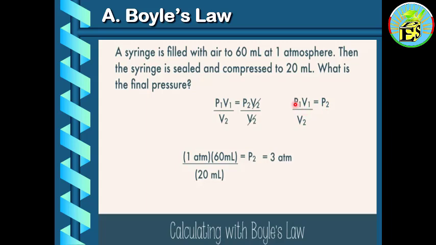I will substitute P1 equals 1 atmosphere, V1 equals 60 milliliter, and V2 equals 20 milliliter, so P2 equals 3 atmosphere. So the volume has decreased from 60 to 20, so I must predict that the pressure will increase from 1 to 3 atmosphere.